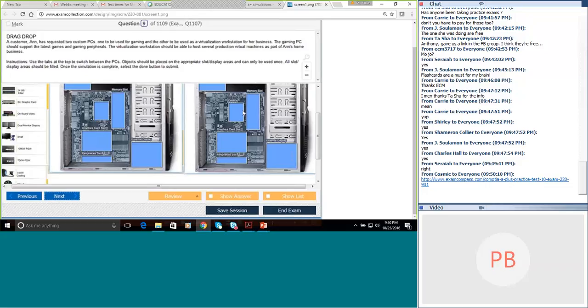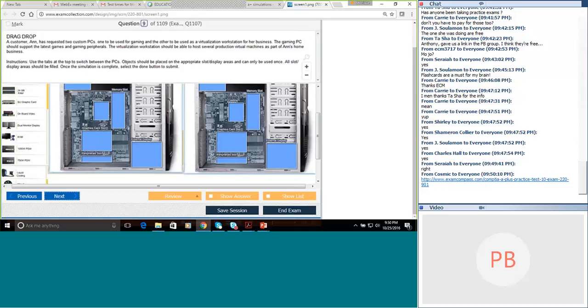Yeah. So, like I said, you see over here it says liquid cooling, right? You know you need more cooling for a gaming PC than for a virtualization PC. So you will put the liquid cooling over here in the gaming PC.